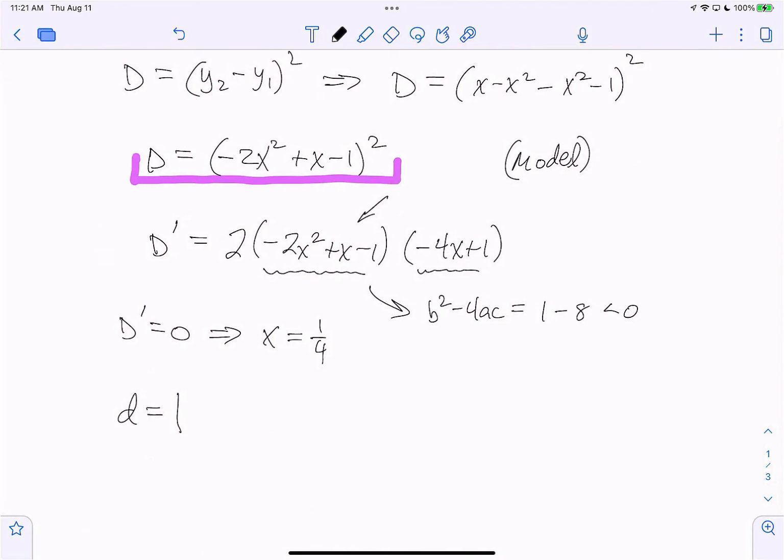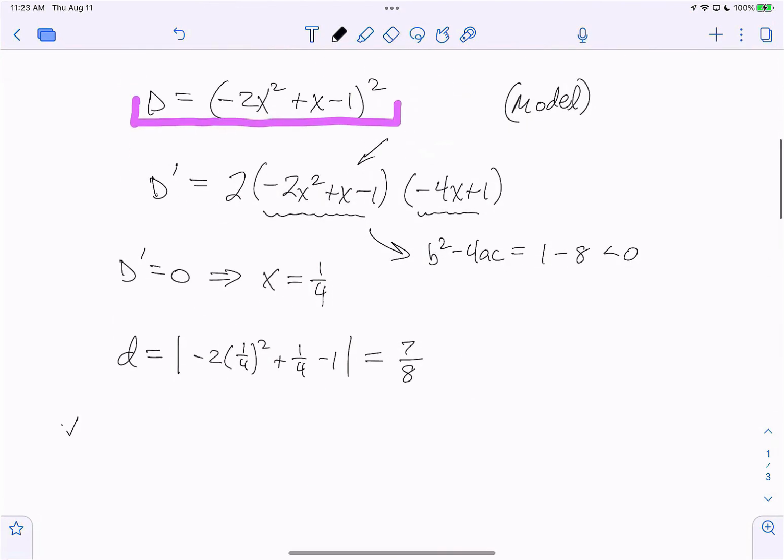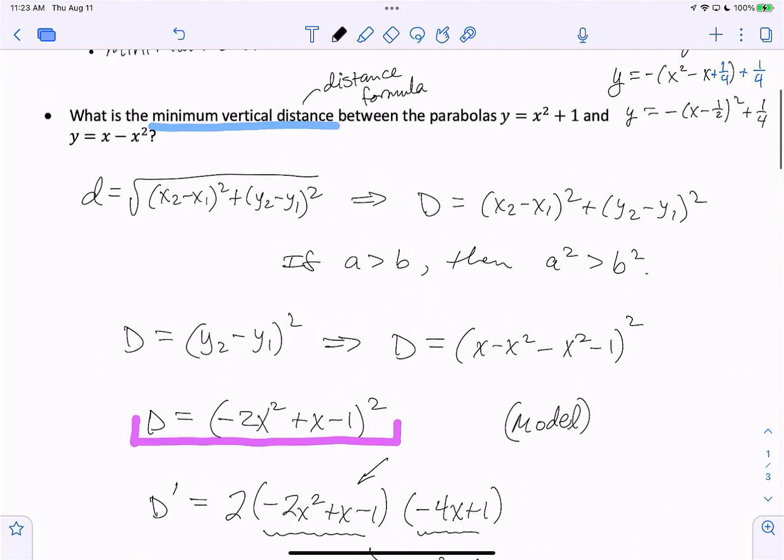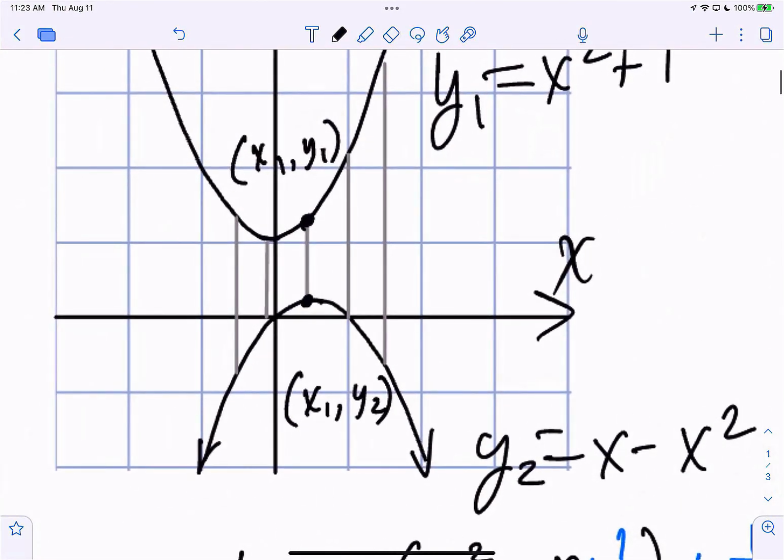So the absolute value of negative 2 times 1/4 squared plus 1/4 minus 1, which turns out to be 7/8. And so the minimum vertical distance is 7/8. We can see that that's in the right ballpark there.